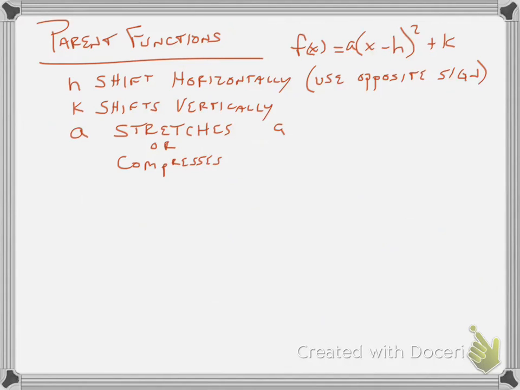It stretches it when the absolute value of a is greater than 1. It compresses it when the absolute value of a is between 0 and 1. If a is 1, then it's the same exact shape as the parent function. When you have a negative a, it reflects it across the x-axis.